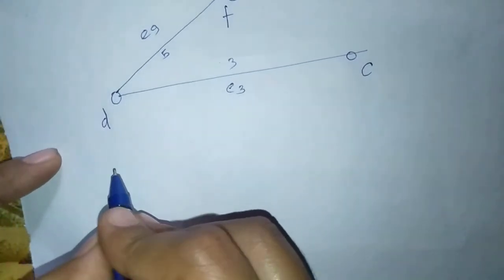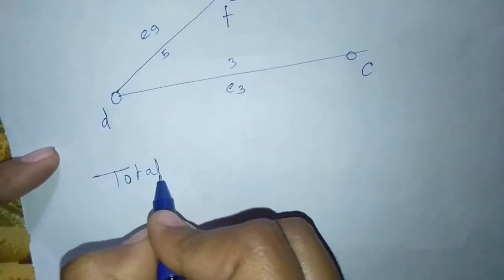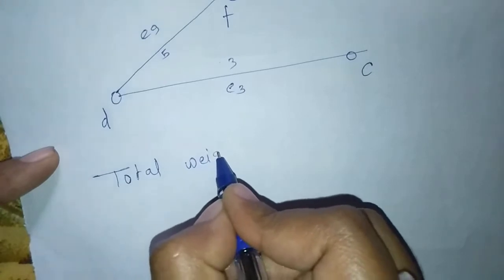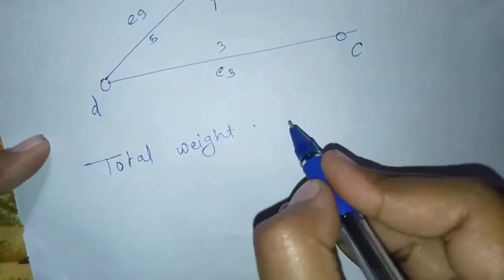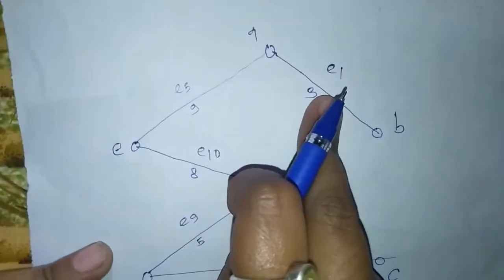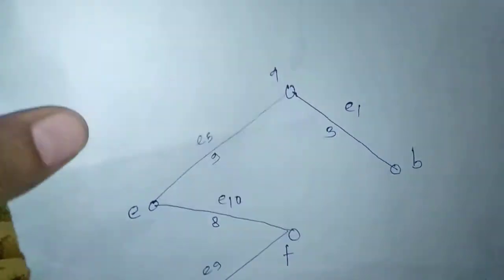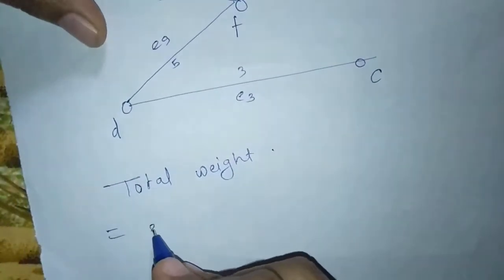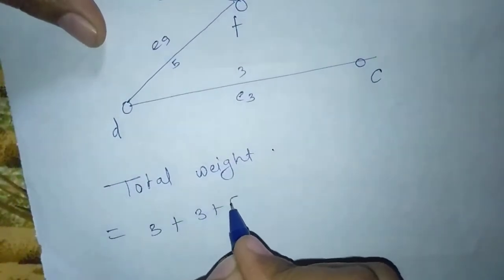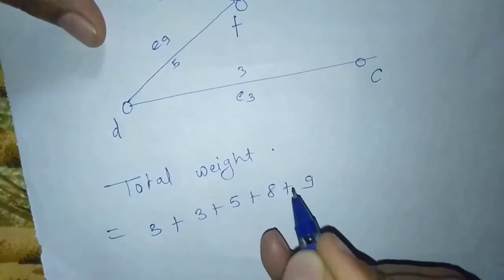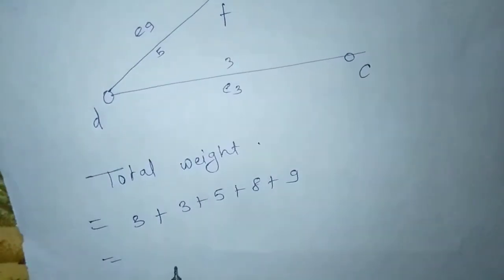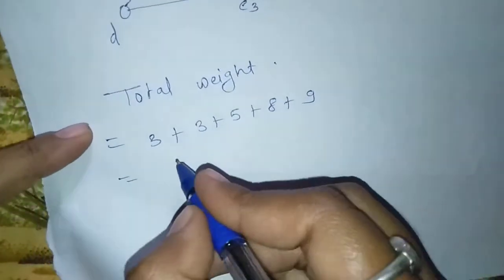So total weight of this spanning tree is nothing but the weight of these edges of the spanning tree, 3 plus 3 plus 5 plus 8 plus 9, which is equal to 28.